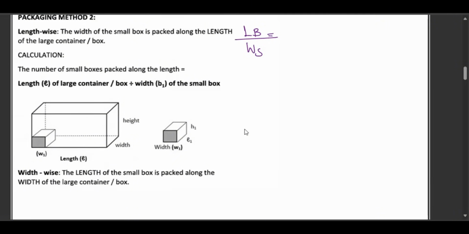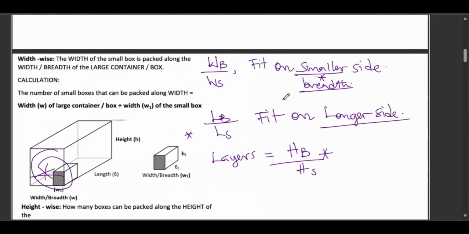Let's take our measurements again. We said this was 215.